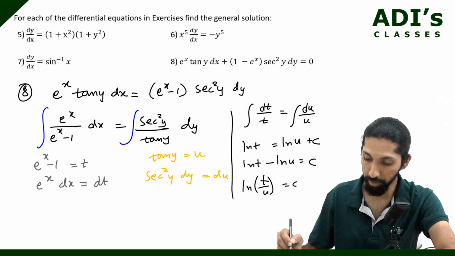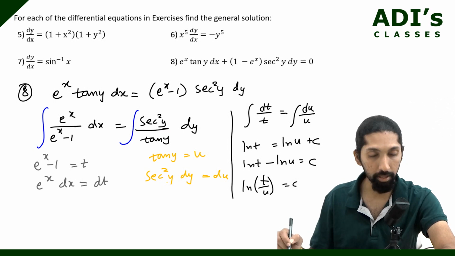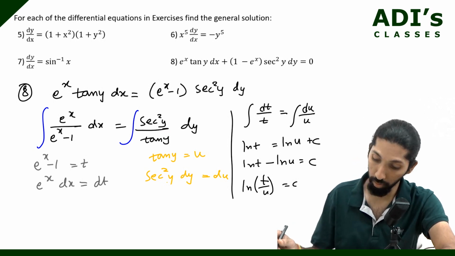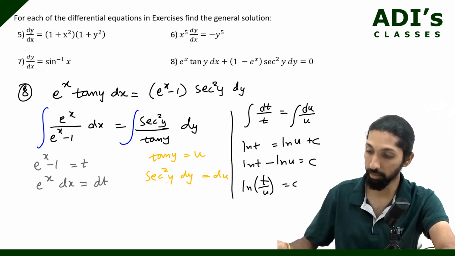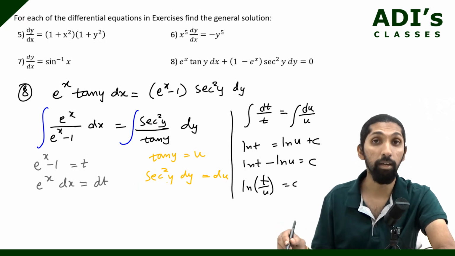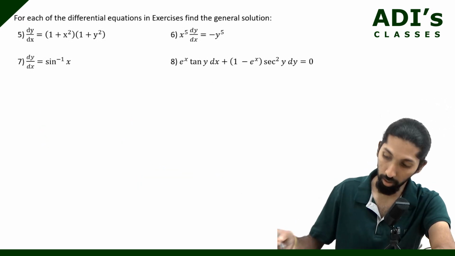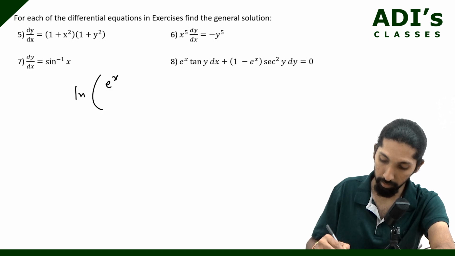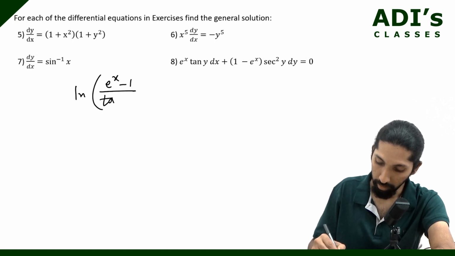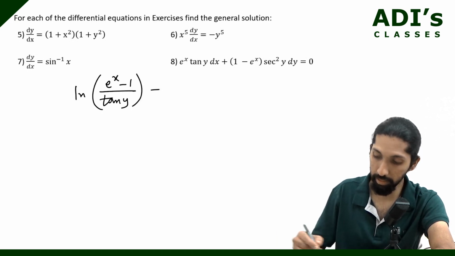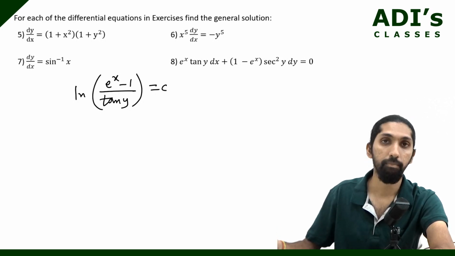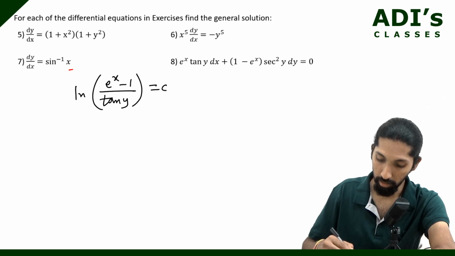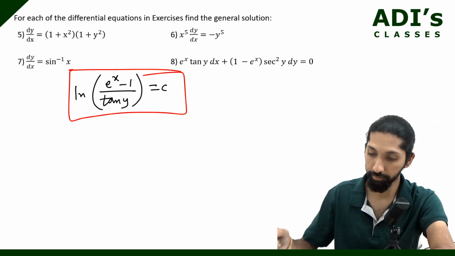Now directly substitute. What is t? e power x minus 1. What is u? Tan of y, correct? So if you substitute, the final answer will be log of e power x minus 1 divided by tan y is equal to c. Alright, so this is going to be the final answer.